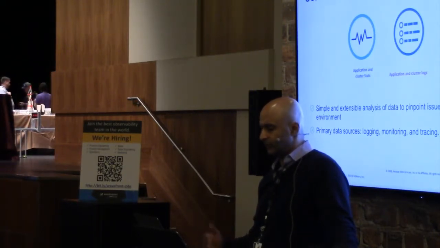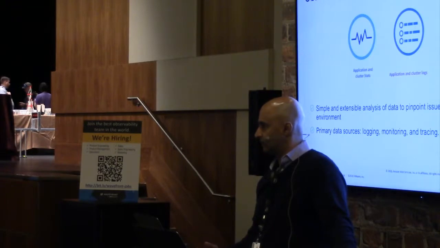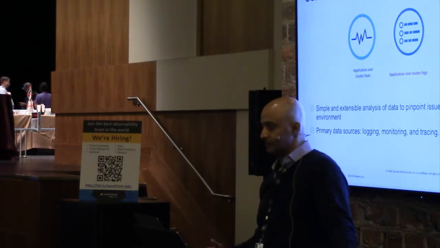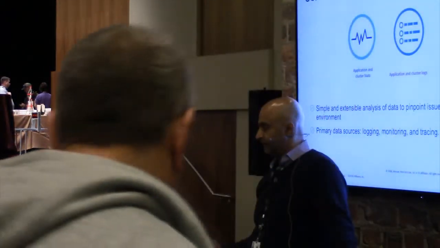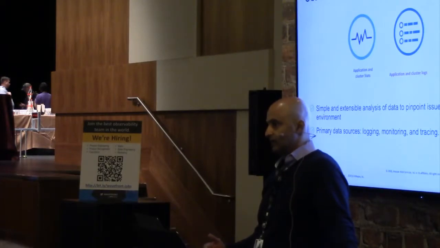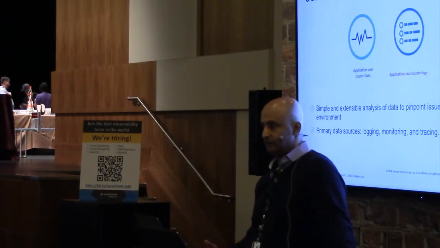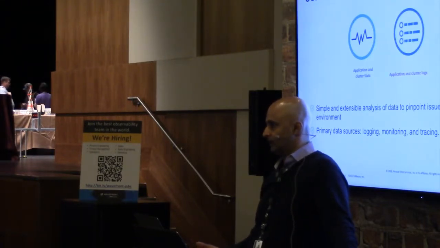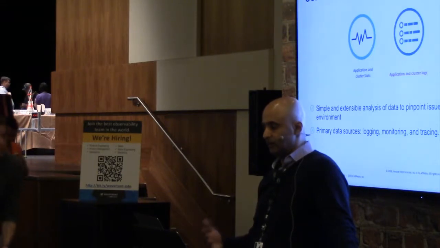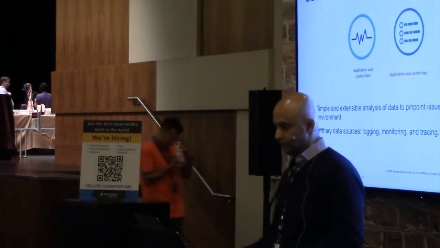In addition, you want to get all the logging information from an application and cluster perspective, and aggregate that. And finally, you want to see how traffic is traversing through your application. These are the three legs of observability in Kubernetes.